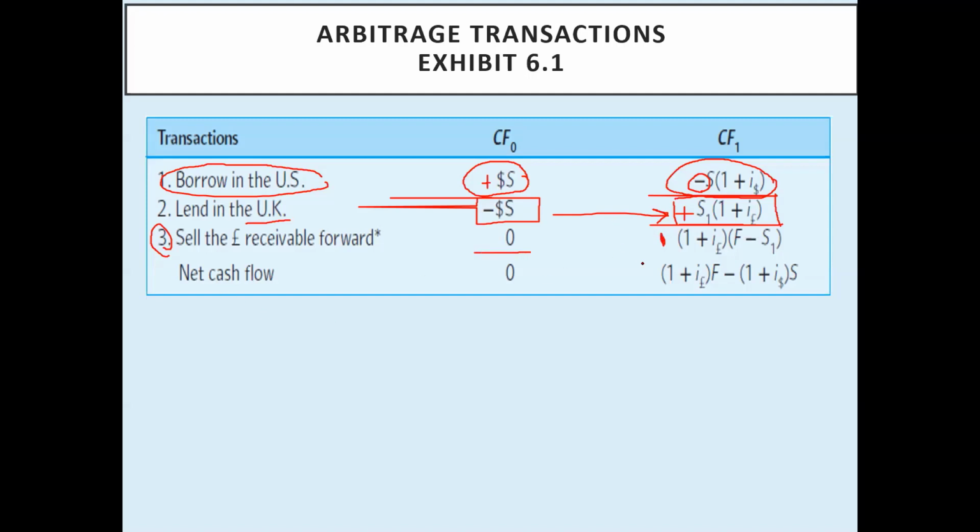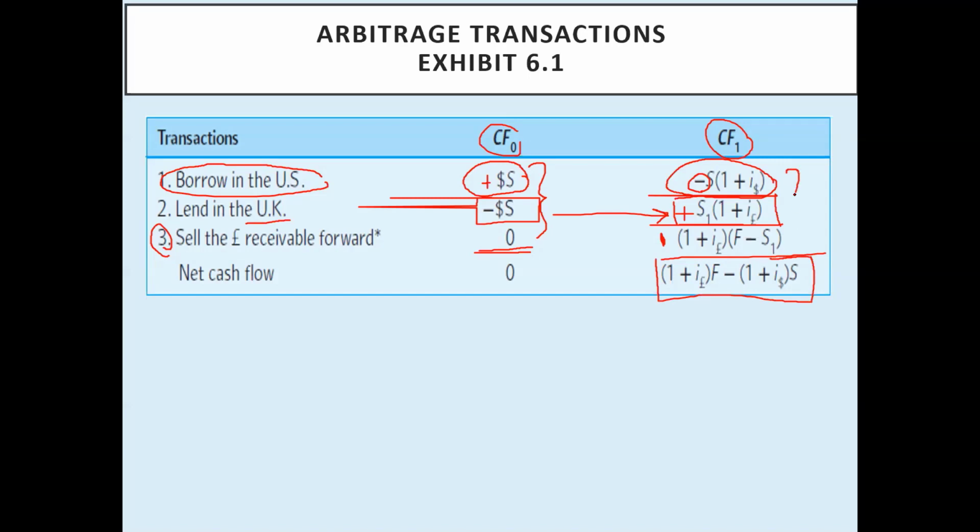So overall, if I want to compute the overall cash flow of this strategy, at time 0, I will add up all these columns and it will add up to 0. That means at the current time, we are not out of pocket anything, okay? At time 1, this is when the contract matures. This will be my payoff, okay?